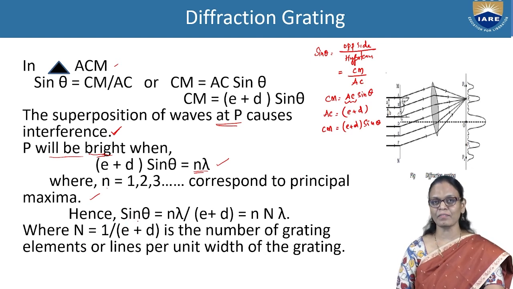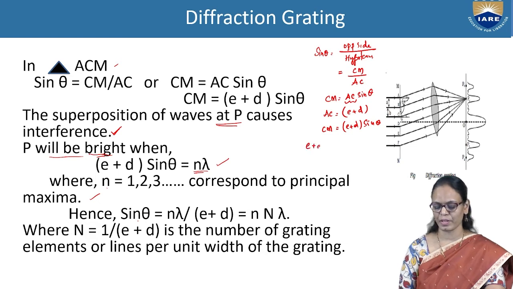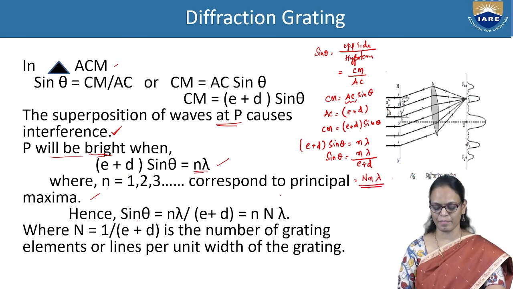Now sine theta will be equal to what? n lambda upon (e plus d). So sine theta will be n lambda upon (e plus d). So 1 upon (e plus d) is nothing but capital N. So we can write it as capital N into small n lambda.